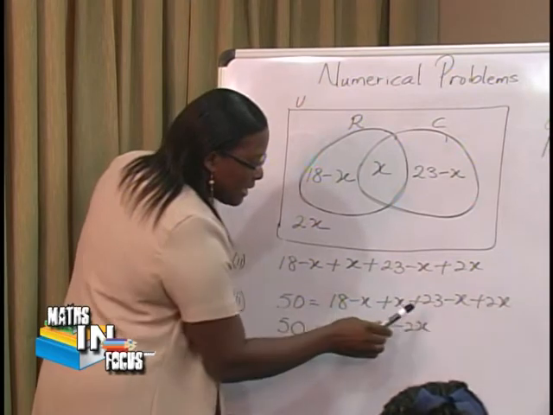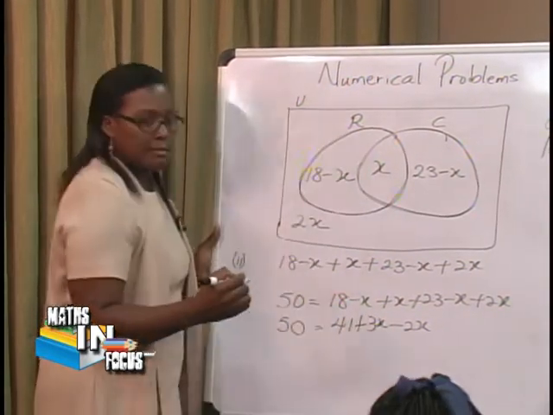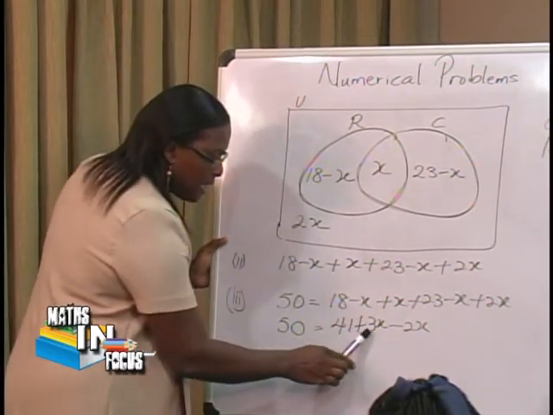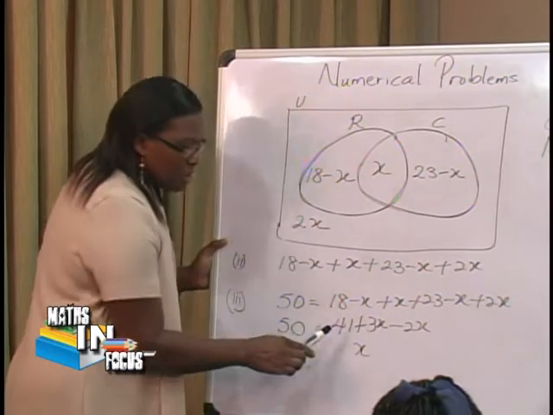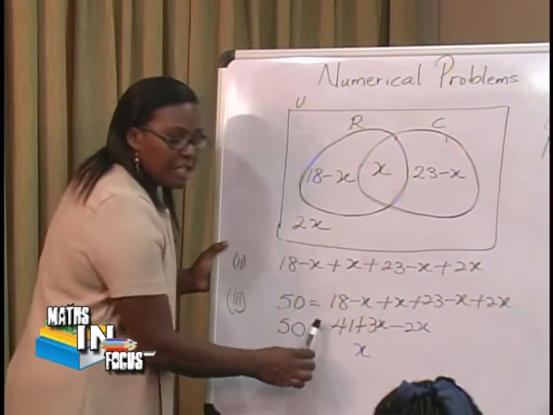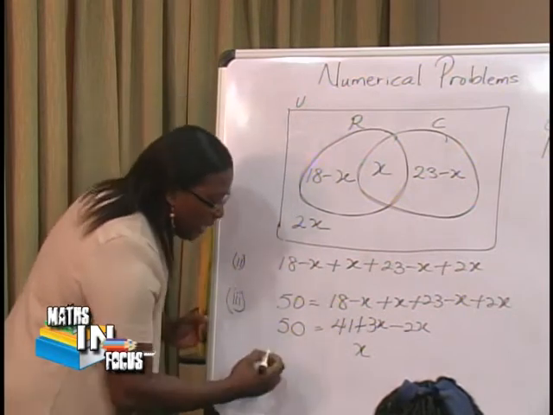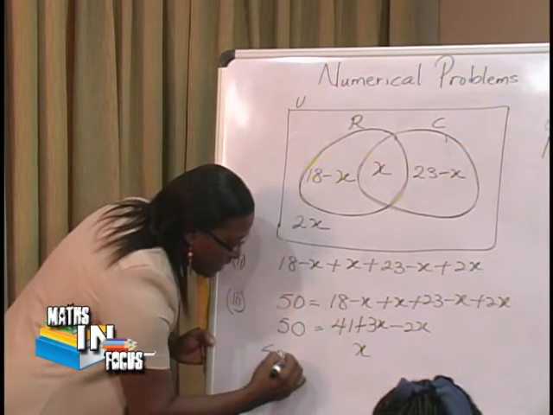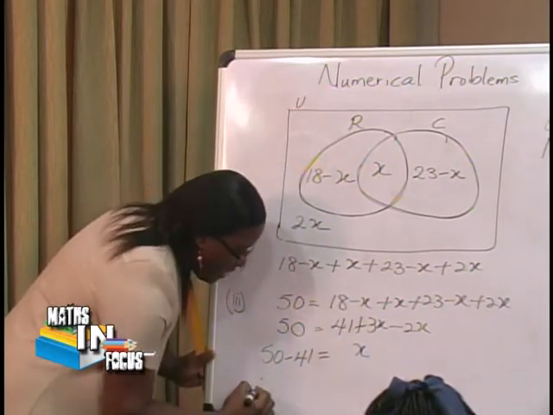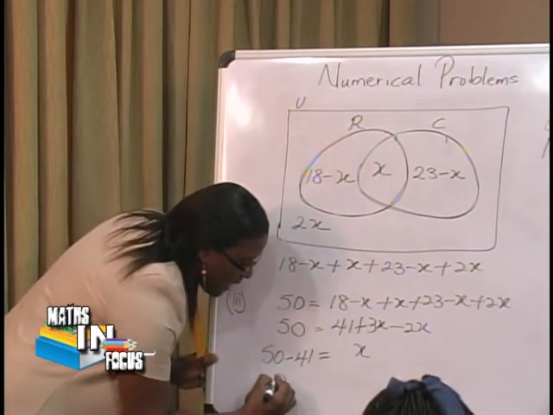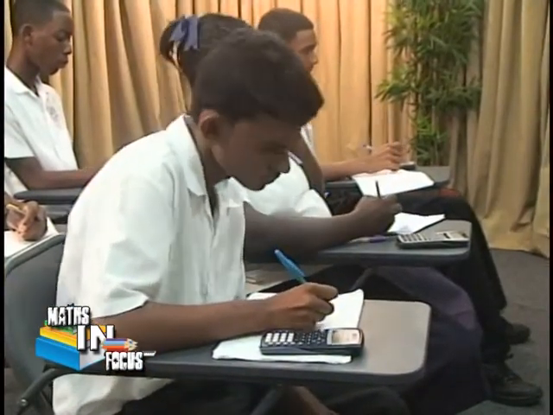And a 2X and an X would give us a positive 3X. So we have 3X, take 2X would leave us with an X. So we want to get the whole numbers together on one side. So we're going to bring across the 41. And here we'll have 50, take 41 equals X. Therefore, 9 is equal to X, or X is equal to 9.